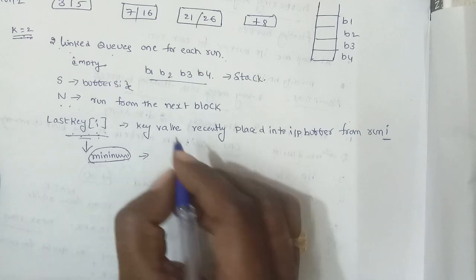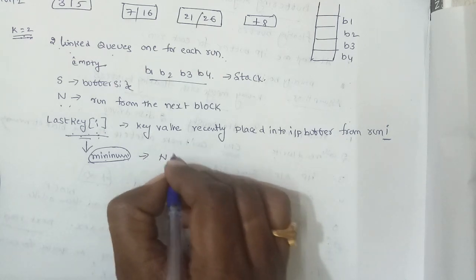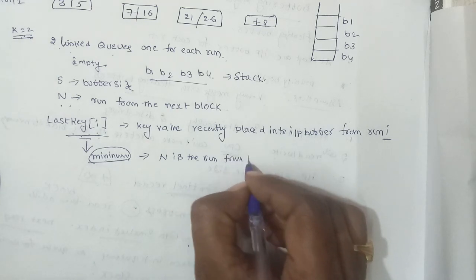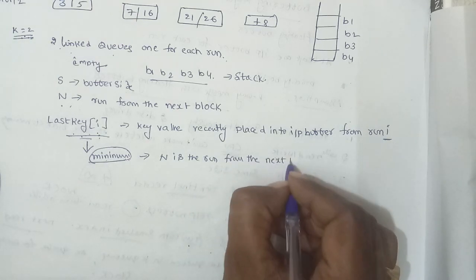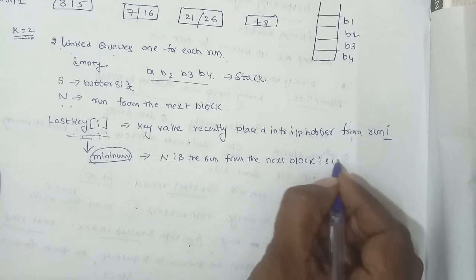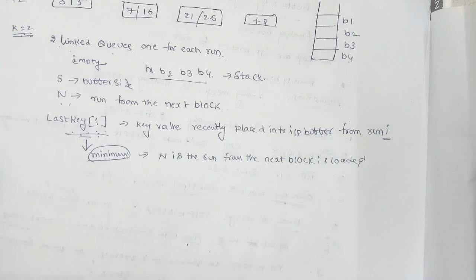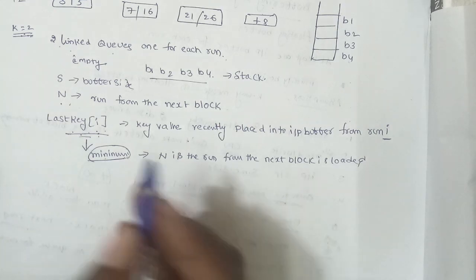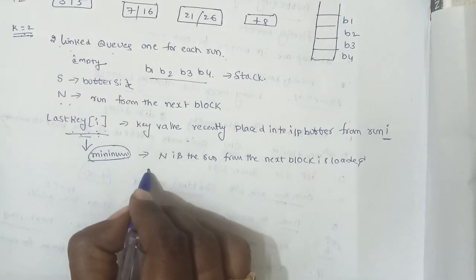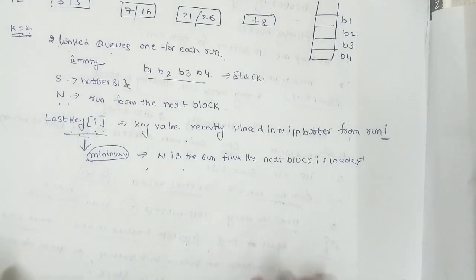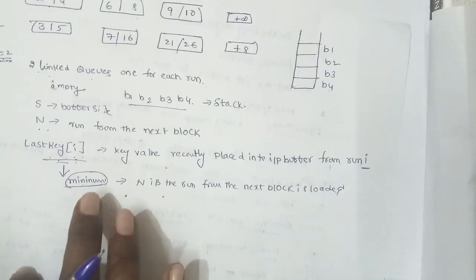Whatever the minimum value, n is the run from which the next block is loaded. For example, if run 1 has the minimum value, then in the next step I perform the read operation from run 1, otherwise run 2. Okay, no problem. I will explain all these concepts with the example.